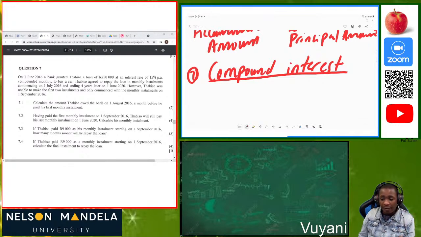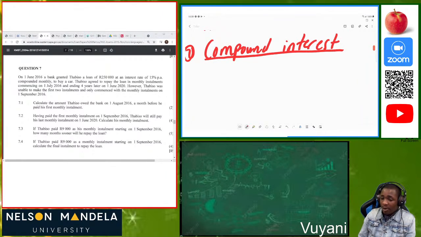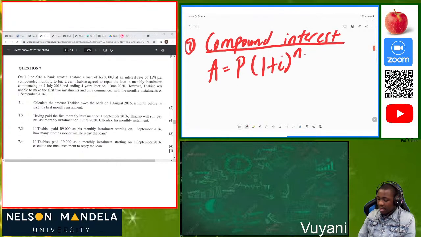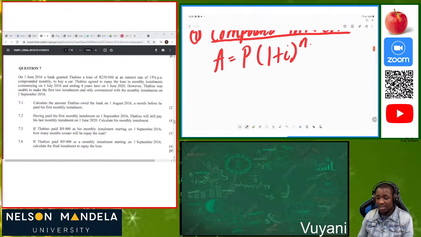Always, when you hear compound interest or compound depreciation, apply the same thing. So the formula of compound interest says A equals P(1 + i) to the power n. A, P, i and n still represent the same things.